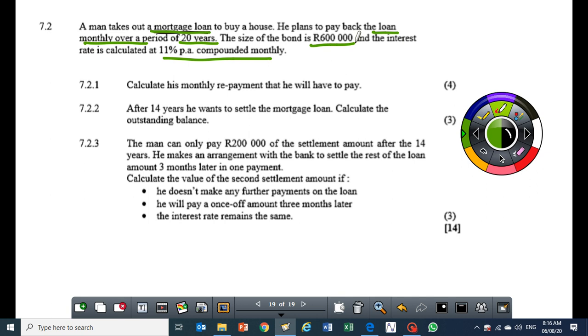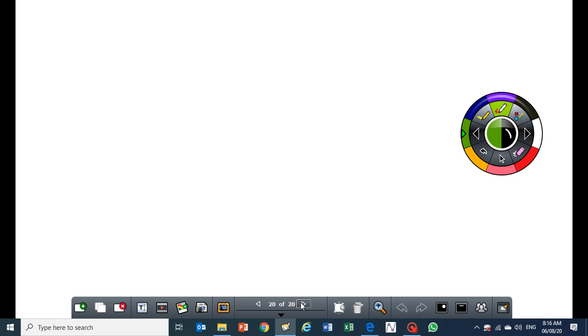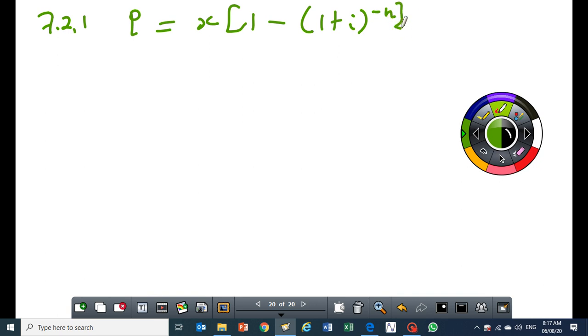So write the formula. Let me go to the next page. First thing, you write your formula. This will be 7.2.1. P is equal to X times (1 minus (1 plus i) raised to the power of minus n) all over i.